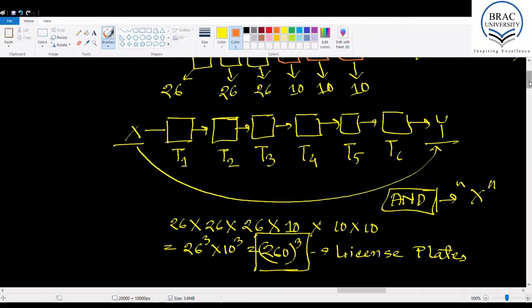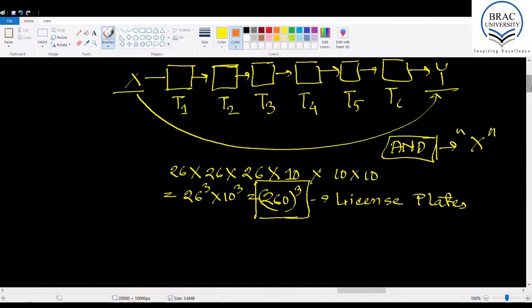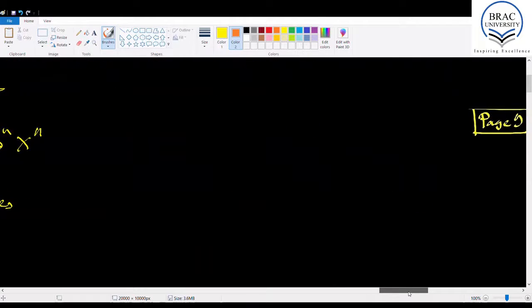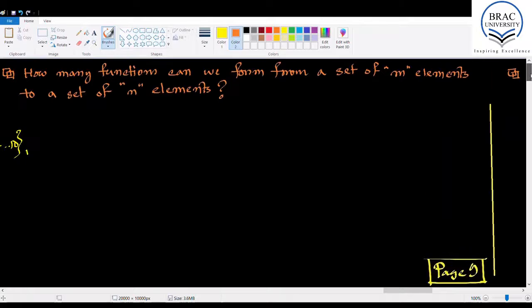So we notice here carefully that we used product rule because of all tasks being mandatory. So let's move towards the next problem, and it says that how many functions can we form from a set of n elements to a set of n elements.